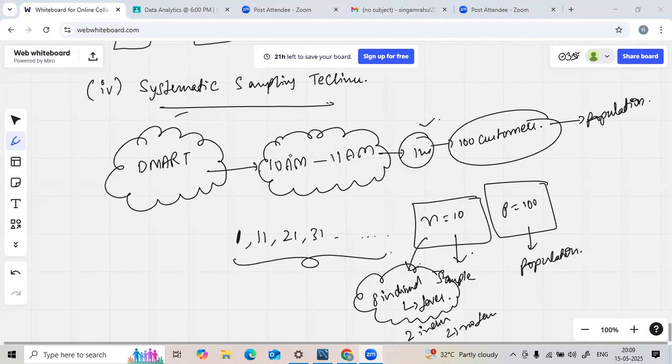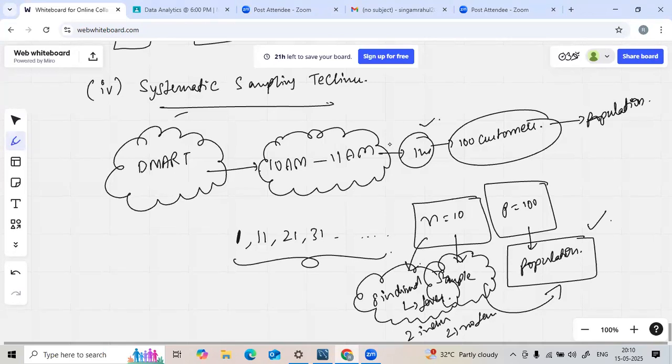Based upon this sample result, we can predict what is going to happen in the population also. Out of this sample of 10 individuals, almost 8 have fever. Maybe inside DMart also, out of those 100 individuals, maybe 80 have fever. 80% of the population is also having fever.